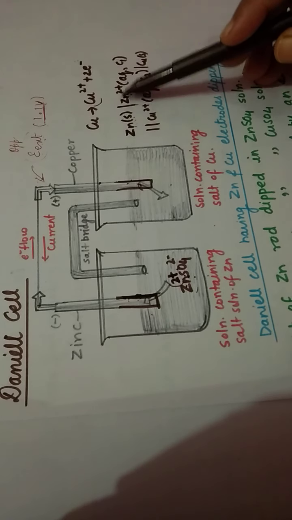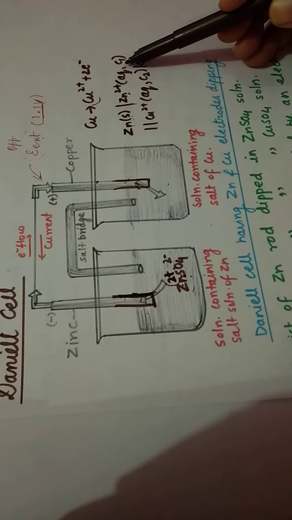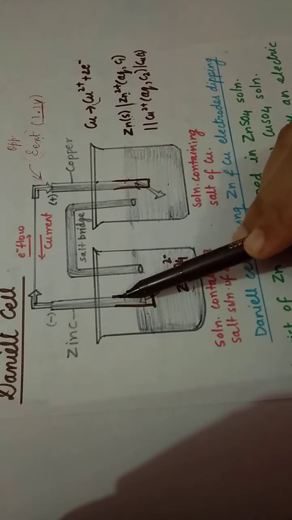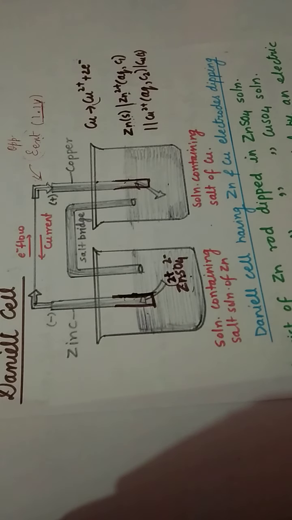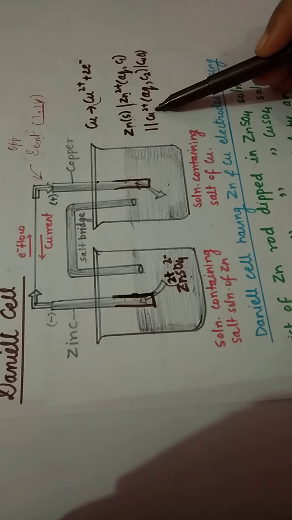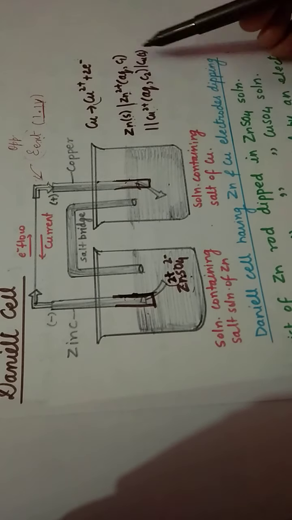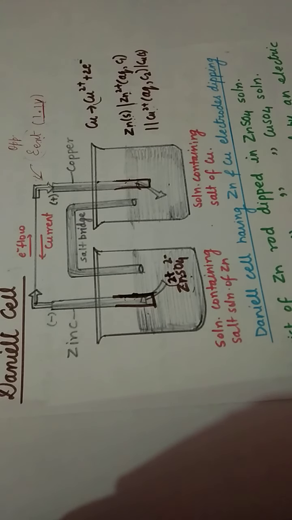The concentration of this ion, Zn2+, is given by C1. So the metal zinc and the metal ion are separated by a single vertical line. Here also the metal ion Cu2+ and the metal copper are separated by a single vertical line.